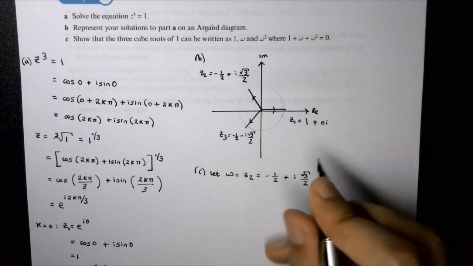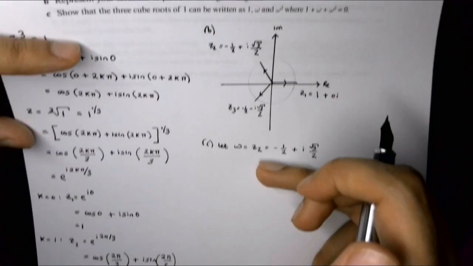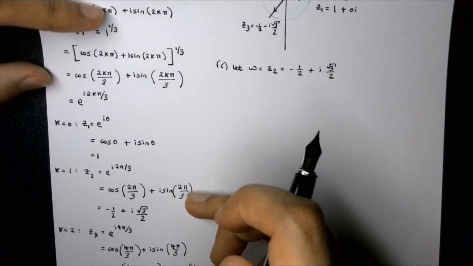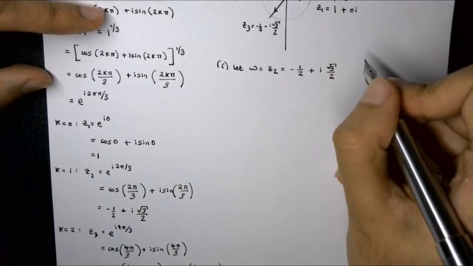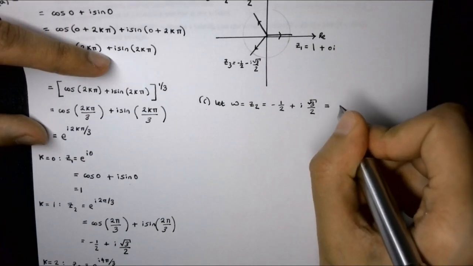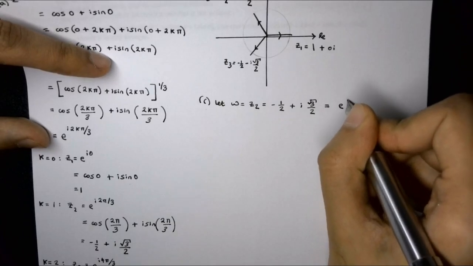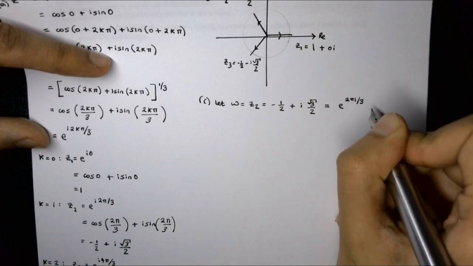And Z2, if we think about what we had for Z2 over here, if we write this in exponential form, you can see here omega is equal to e to the power of 2 pi i over 3.